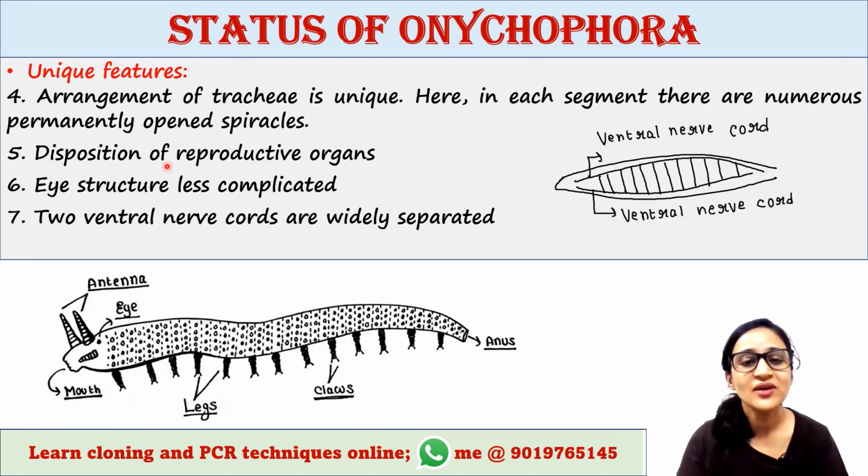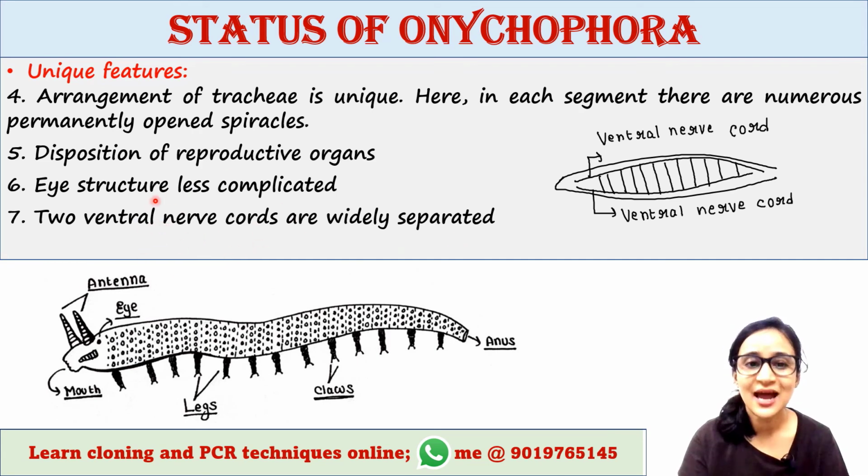Eye structure is less complicated. Two ventral nerve cords are widely separated here. Ventral nerve cords means nerve cords are present on the front, underside part of their body, that's why they are ventral.